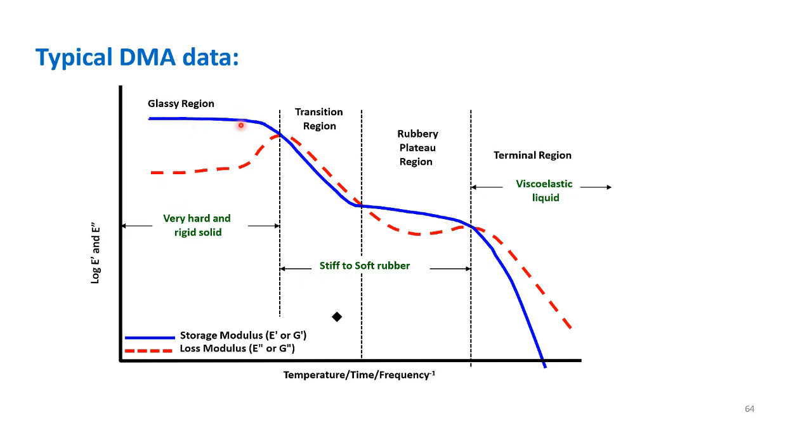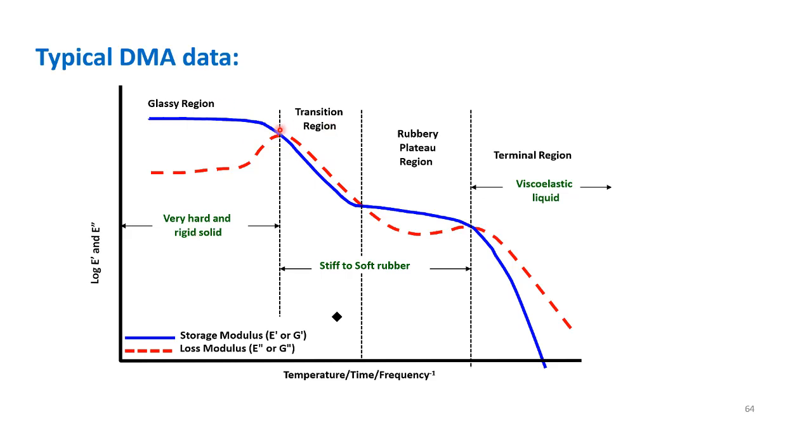The typical DMA graph which we get is in the form of this kind of curve. The blue line shows the storage modulus and the red line shows the loss modulus, and the point where these two graphs cross each other is the transition point. If the polymer is very solid or very hard, that region is the glassy region.